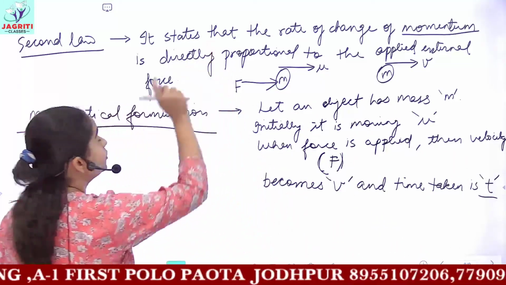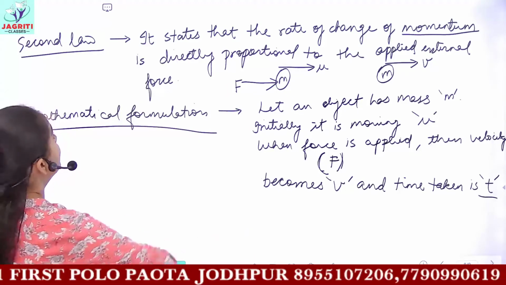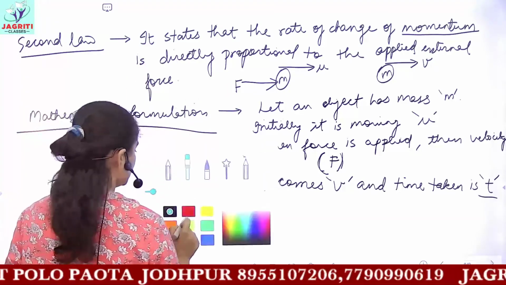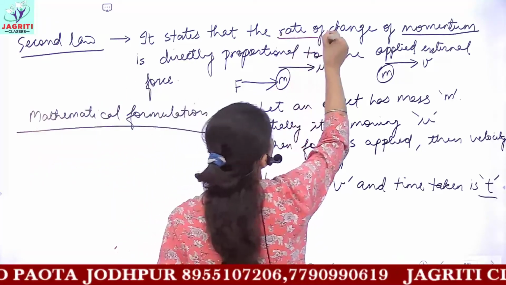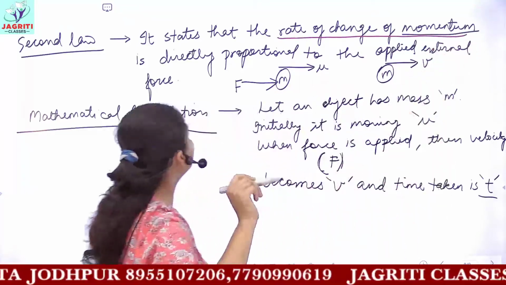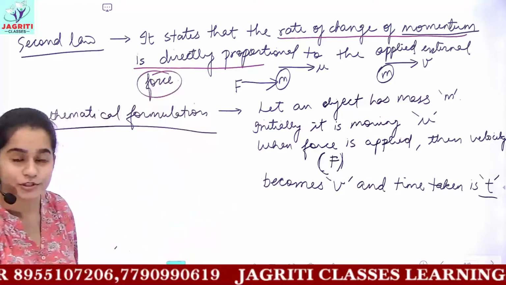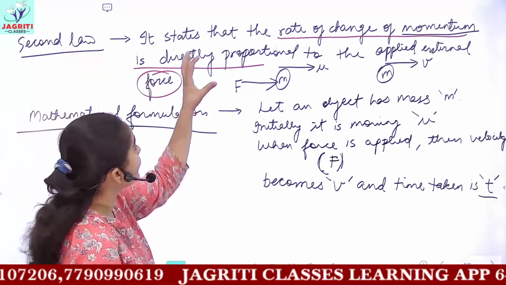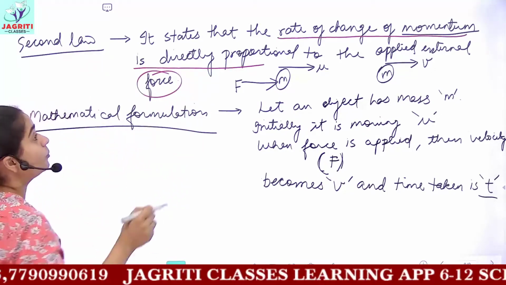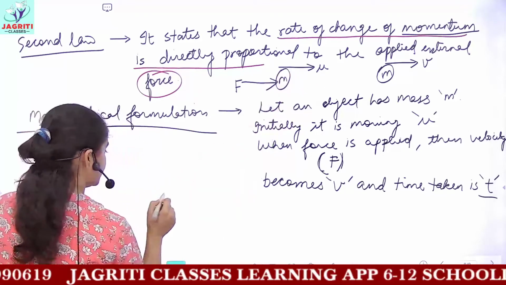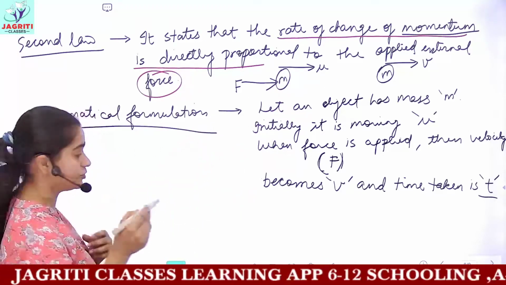Now, according to the statement we will be starting, we said that the rate of change of momentum is directly proportional to applied external force. So if I write this statement in mathematical form, first I have to find the rate of change of momentum.